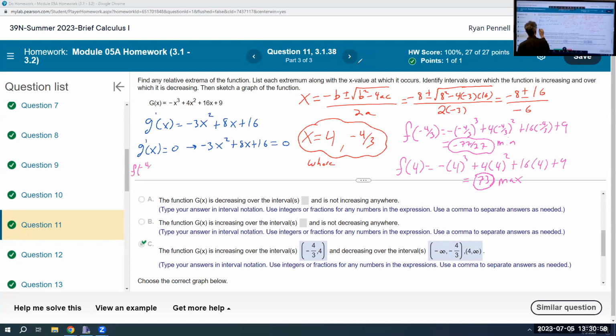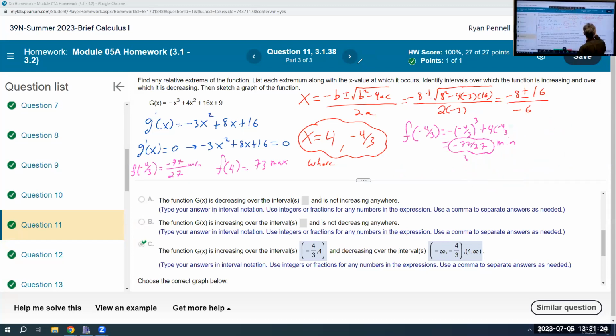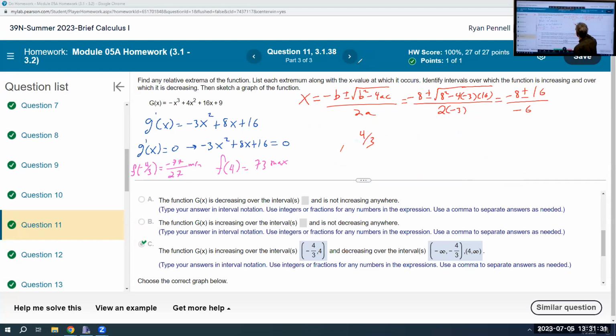So we found f of -4/3 equals -77/27 was our min, and f of 4 equals 73 was our max. Let me get rid of some of this. How do you find increasing, decreasing? There's the easy way, the really easy way, and the hard way.